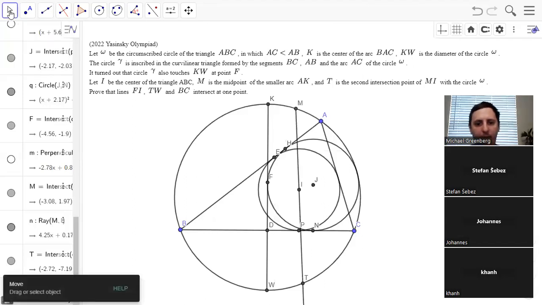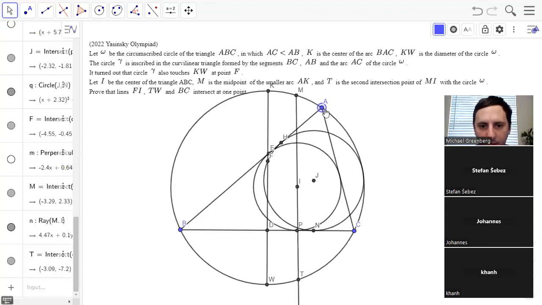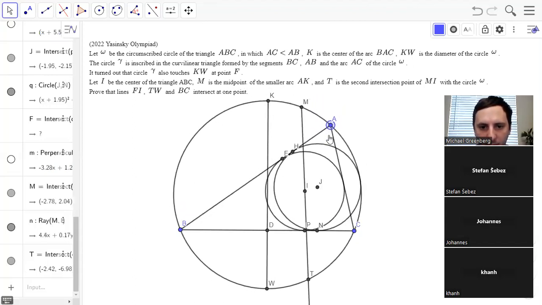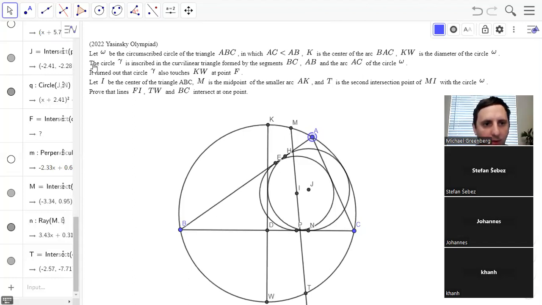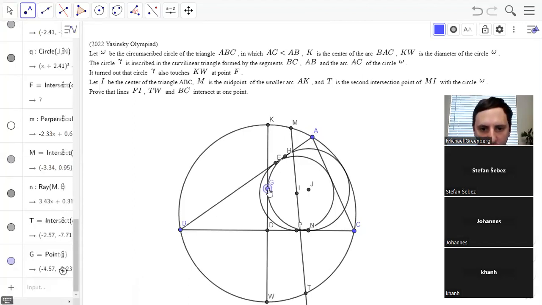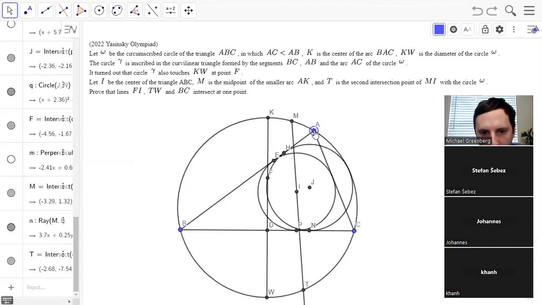Okay, let's see if I could make this look a little better so that MT is a little more slanted. Of course, we still want this circle to be tangent. I kind of like that. So we could call this point F. Oh, it's thinking F is an intersection, not really a tangent.